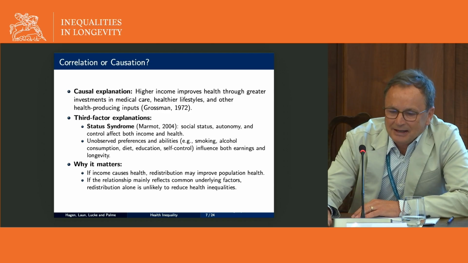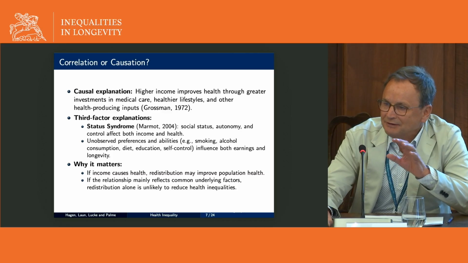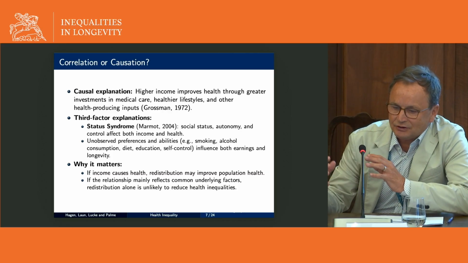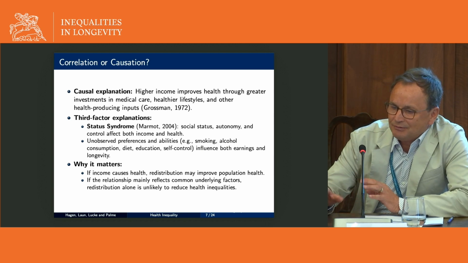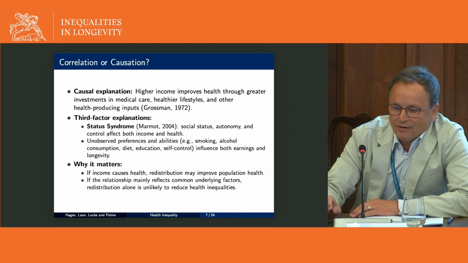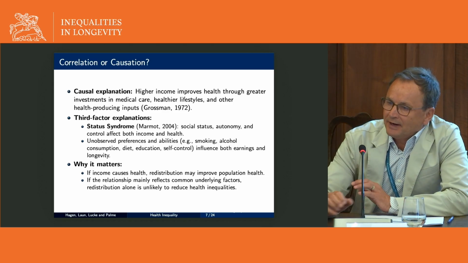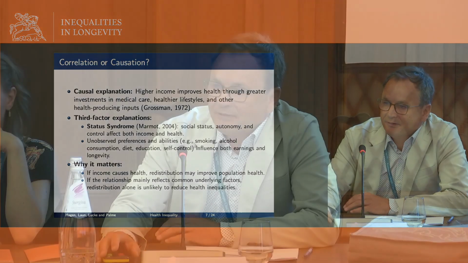However, you probably know about Michael Marmot's numerous studies on people in different hierarchies, and his idea is that social status is really the driving force and not income itself. That would place income as the red shirt guy. One could also think of other third-factor candidates, like preferences for smoking and healthy lifestyles and so on, that could be correlated with income but not driving the causal relation.